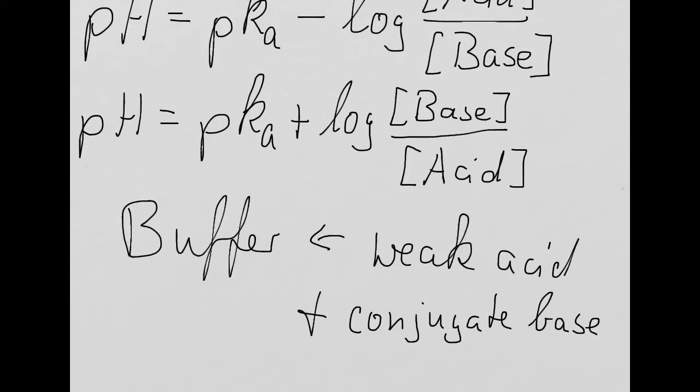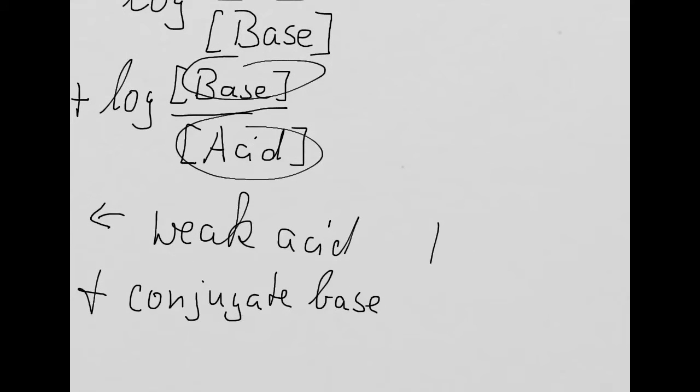On the one hand, we throw in a base and also an acid. So, for example, we can make up a buffer if we have acetic acid. That's the acid. And we add some acetate ions, like that. And with that, we have a buffer.